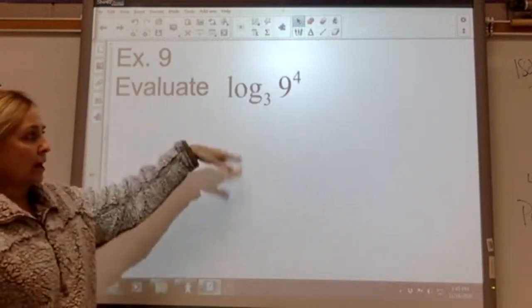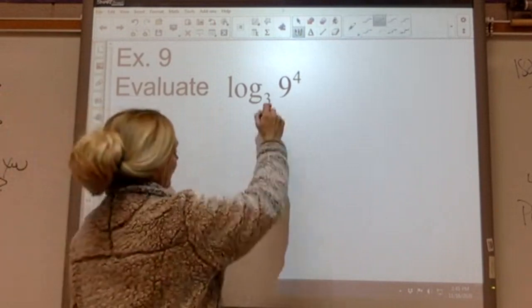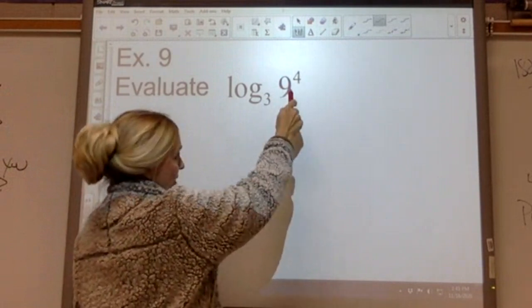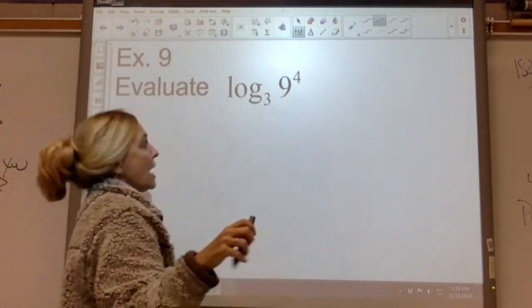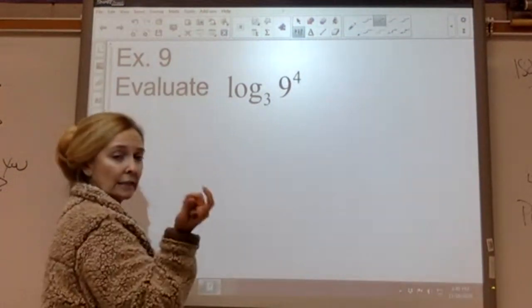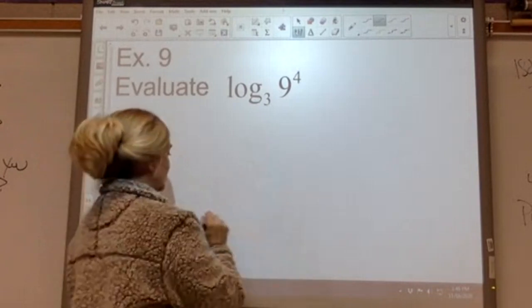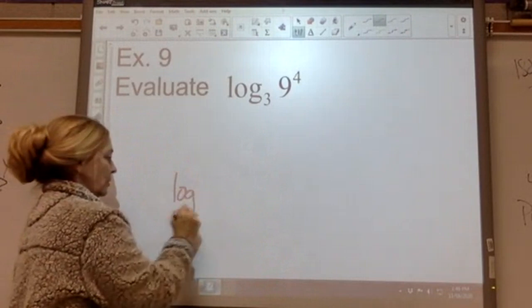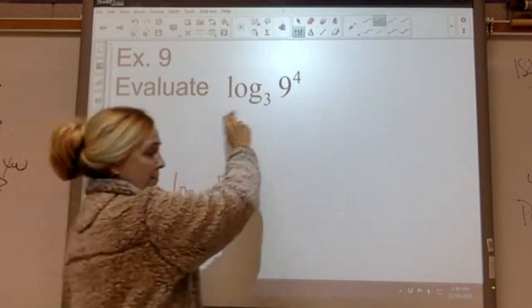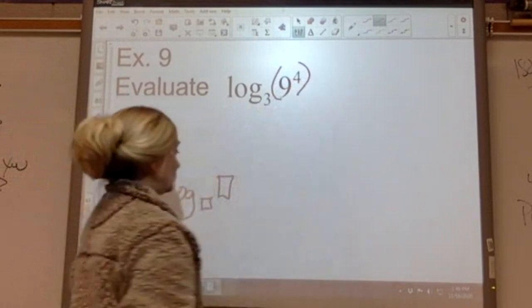All right, now let's see how to use it. Here I have log base 3 of 9 to the 4th. When I look at this, I see that these are not the same base, so I'm going to rewrite this. But before I do it, if you have the Casio or the graphing calculator with the little log and the little box, then to type this in correctly, this all goes inside.